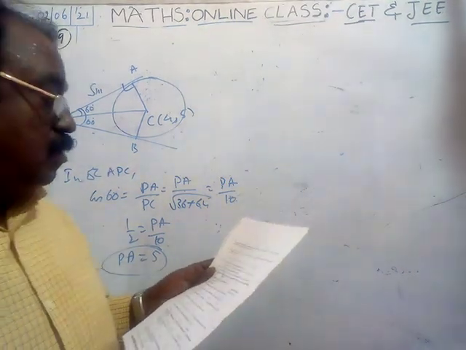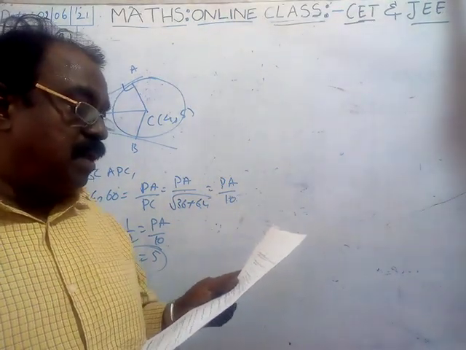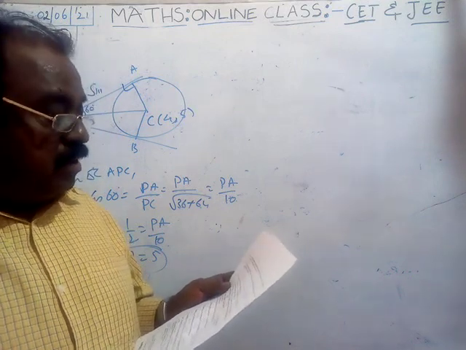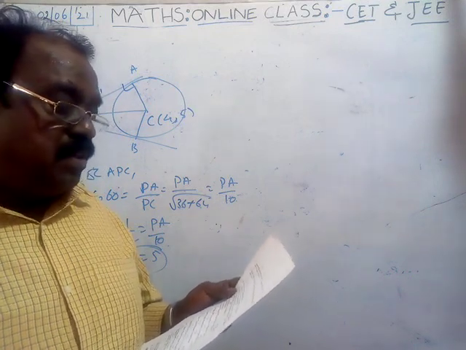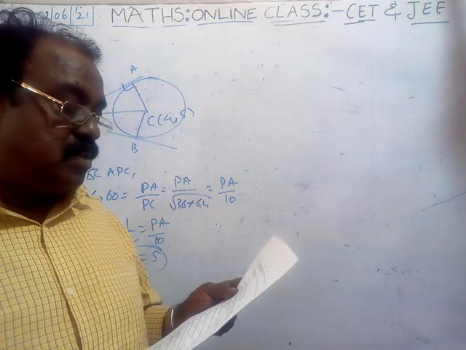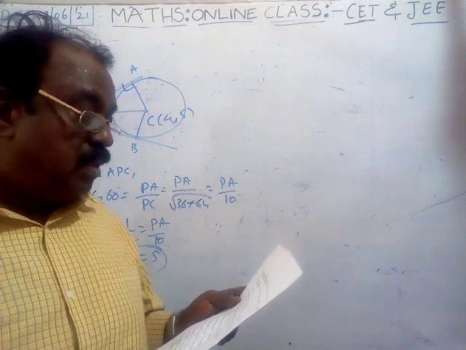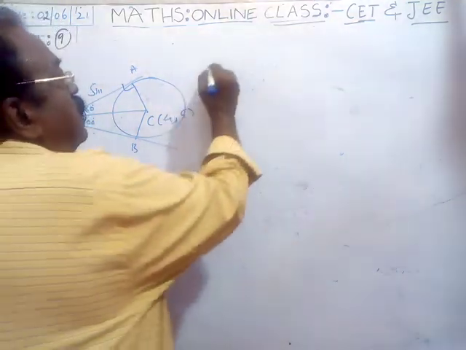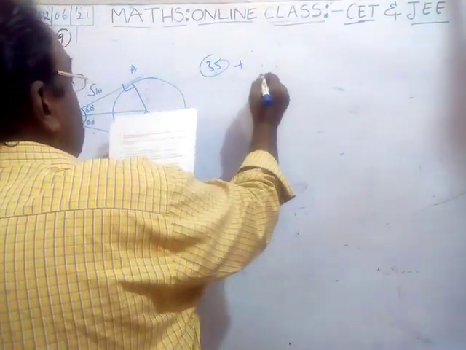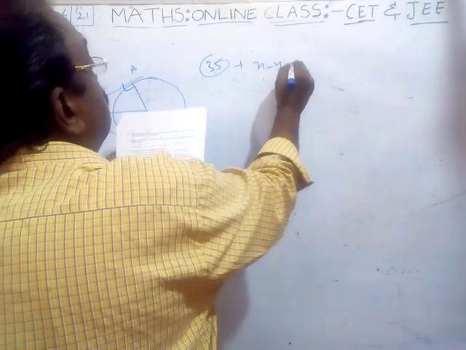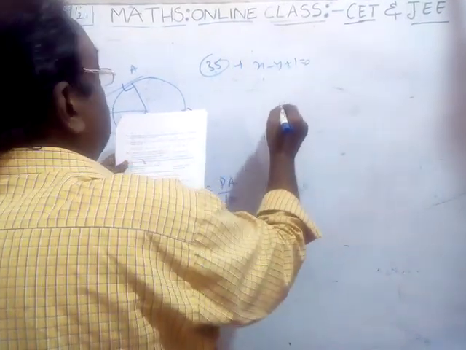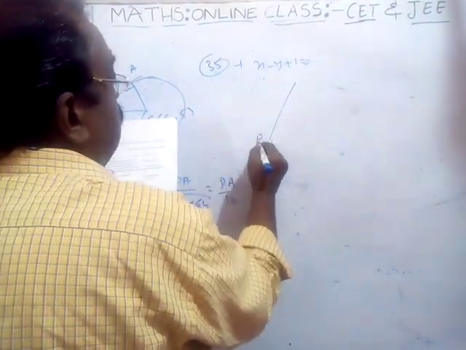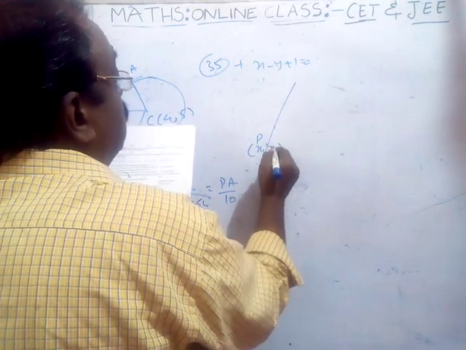Next, the equation of a line is given, and the length of the tangents to the circle from points on it is 2 units. You see, x minus y plus 1 equal to 0 is a line, and the point P is on it, (x1, y1).